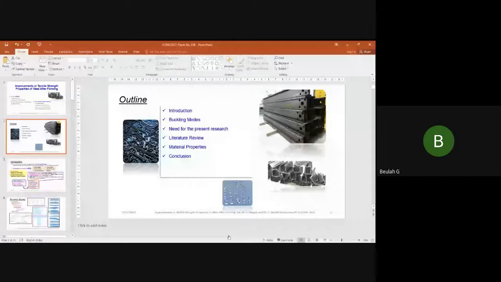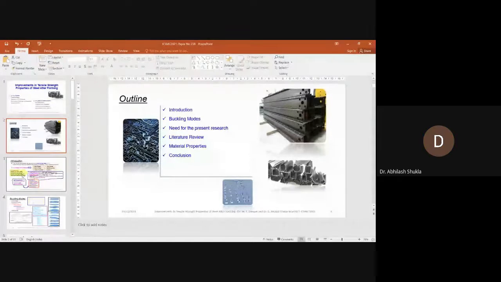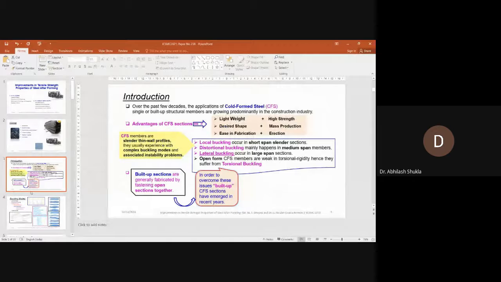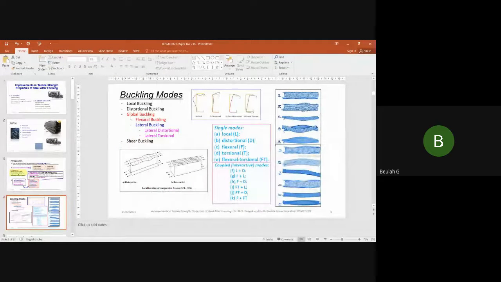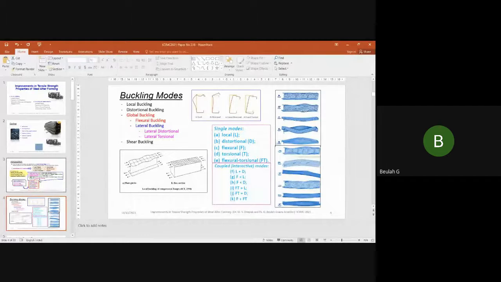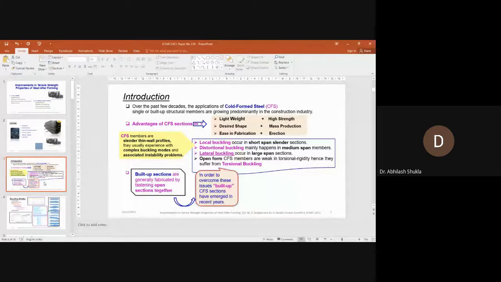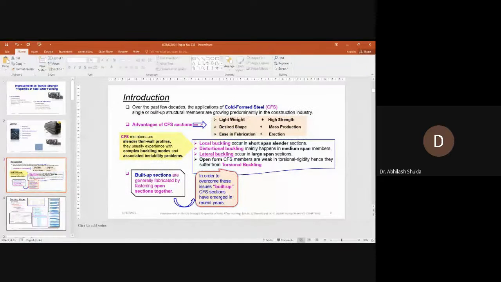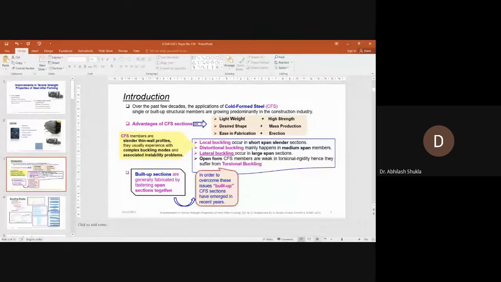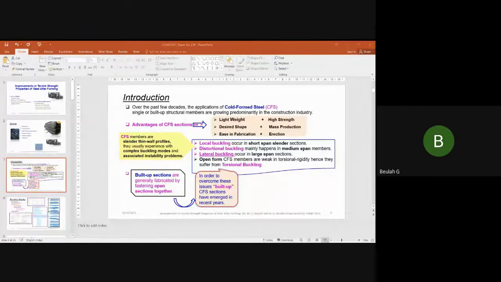Now is it okay, sir? Is my slide moving, sir? Now it's moving. Please make it full screen mode. Is it moving now, sir?